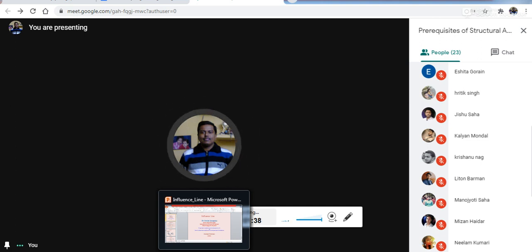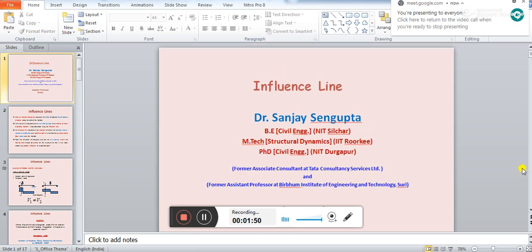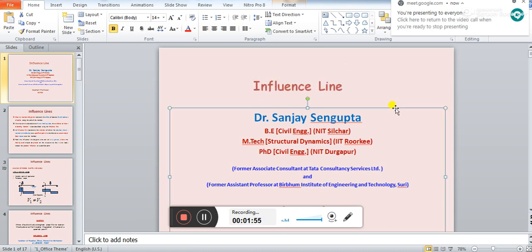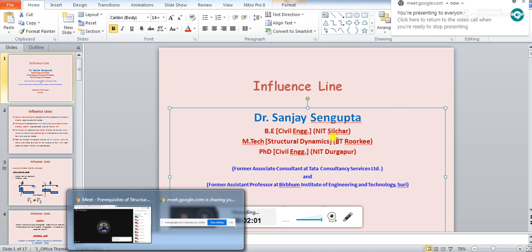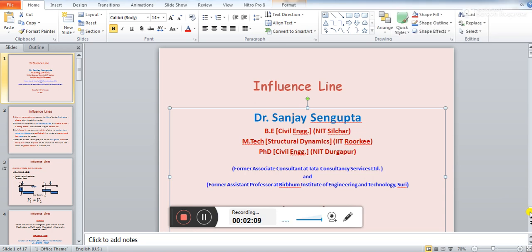Now today we'll start our discussion on influence line, or influence line diagram. Before we get into the details of what an influence line is, why it is required, and how to find it, let us first understand why we require an influence line, and the basic difference between a bending moment or shear force diagram and an influence line diagram.